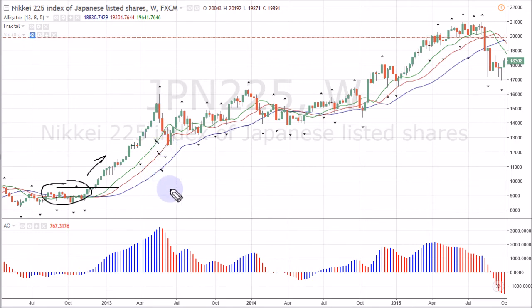It depends on the degree and the complexity of the correction. But what you can always wait for after an uptrend like that is that the market will look for the balance inside the balance zone, because this is where it would be if there was no significantly important information coming in.